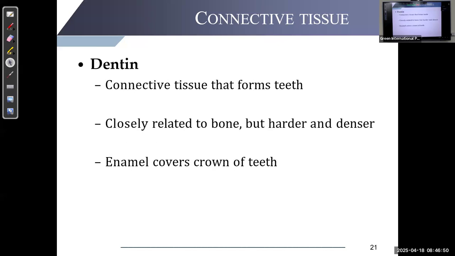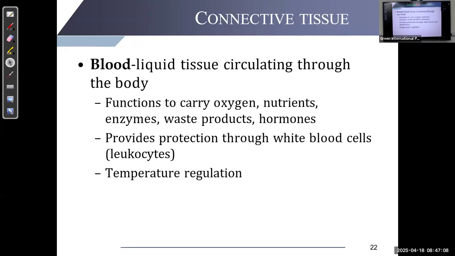Dentin. What is dentin? Yes. It is a connective tissue that forms teeth, closely related to bone but harder. Enamel covers the crown of the teeth. In ICD, these questions mostly will not have much dental content.